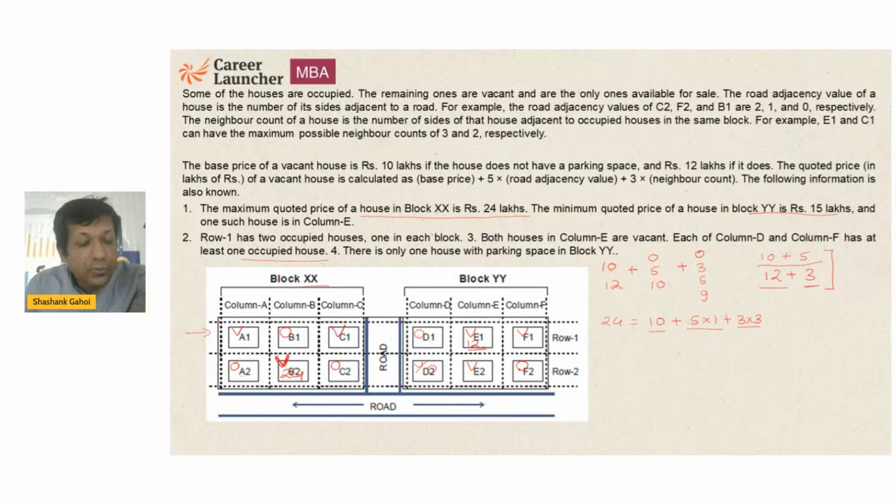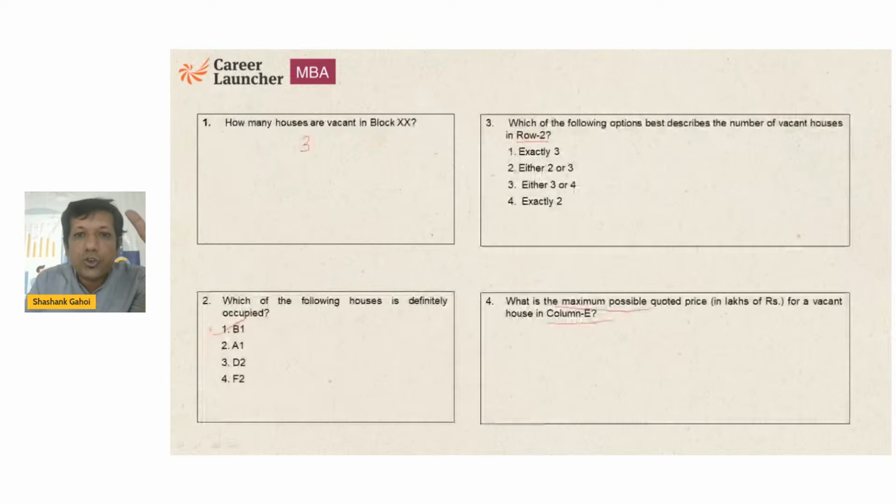That's definitely true, because in row F and in column F and column D, at least one house has to be occupied. So in row 2, how many can be occupied? How many can be vacant? So 1 vacant is there, 2 vacant can be there. So either 2 can be vacant or 3 can be vacant. So the answer to this question is either 2 or 3. So the answer is option 2.